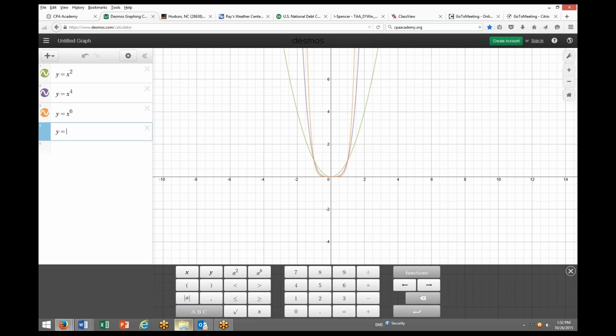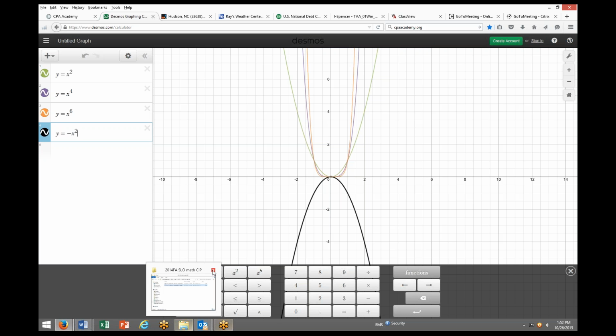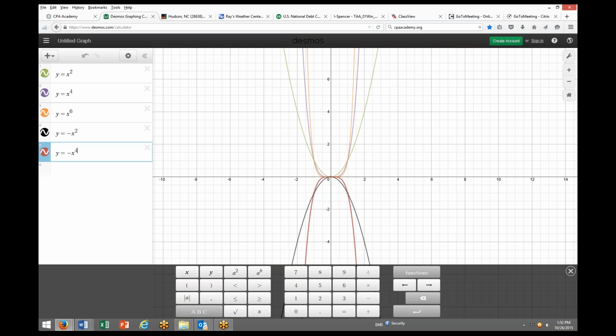If we make it y equals negative x squared, then instead of opening upwards, the parabola opens downwards, and that's going to be true with all these. Whether it's x to the second, x to the fourth, x to the sixth. If we put the minus sign in front of it, there's negative x to the fourth. It has a maximum point now, and it goes down to the left and down to the right.